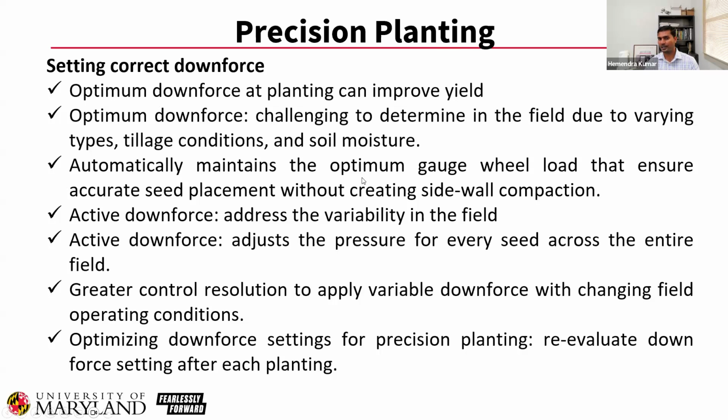It automatically maintains the optimum gauge wheel load and ensures accurate seed placement. Active downforce is the term used here; it addresses the variability because it is actively working on response and action based conditions, and it adjusts the pressure based on the soil or field conditions.